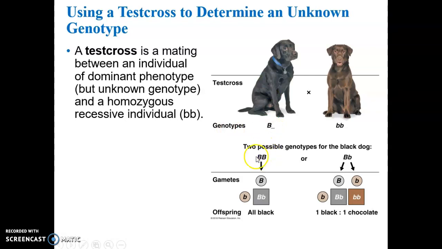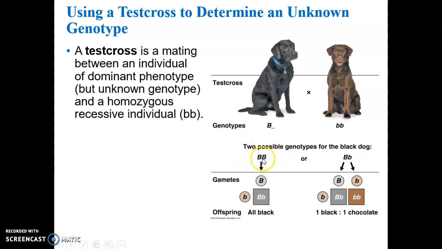The black dog can be homozygous dominant, or the black dog can be heterozygous, a capital and a lowercase, a dominant and recessive allele. Since black is the dominant phenotype, the coloration, what you see physically, the genetics of the individual only has to have one dominant allele.